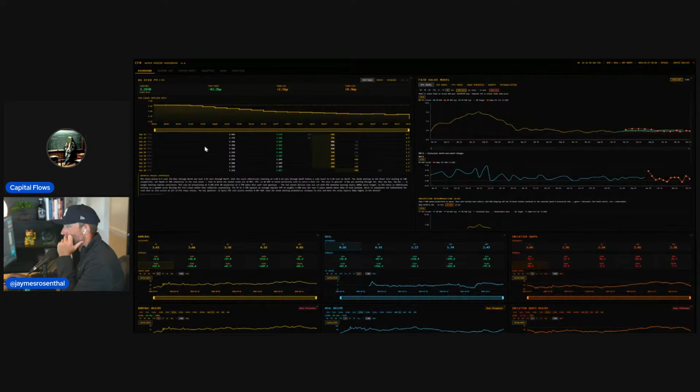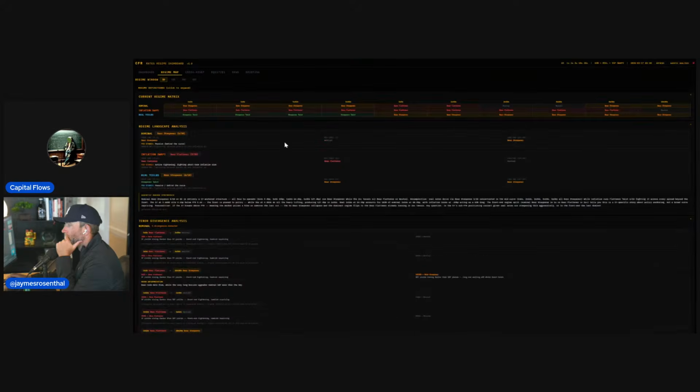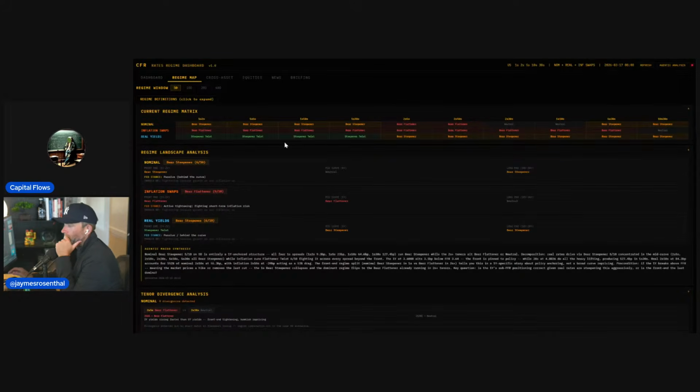I had all of this in Bloomberg previously, but now I have it all in here because it's so much better. I look at where nominal and real interest rates and inflation expectations are across every single metric. Here's where we are in every single curve: nominal curves, inflation swap curves, and real rate curves.